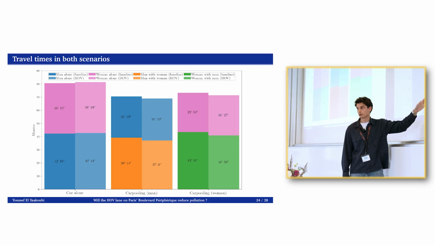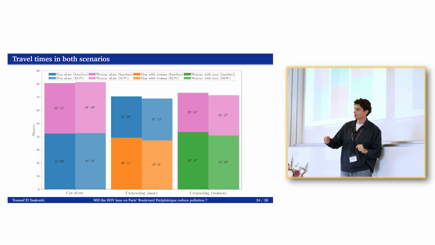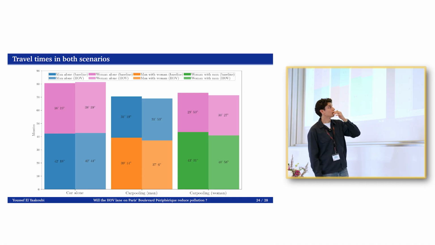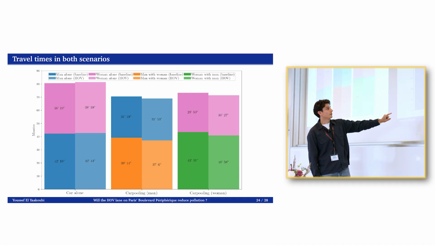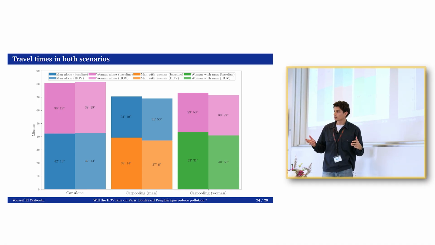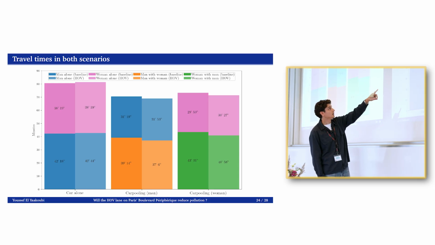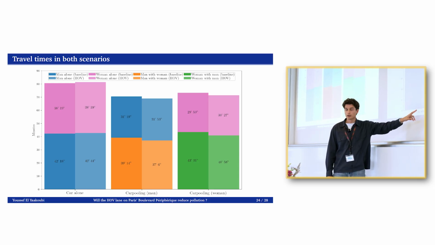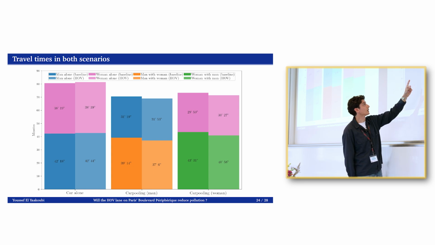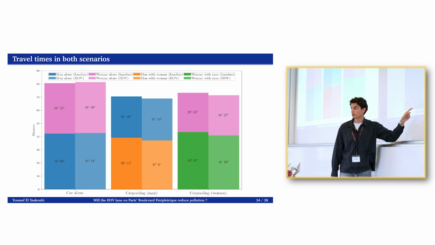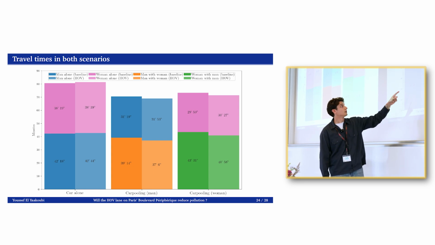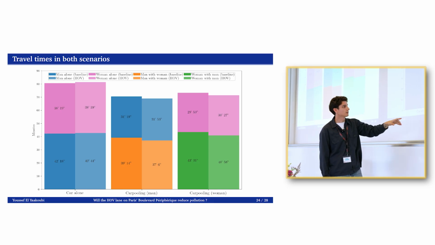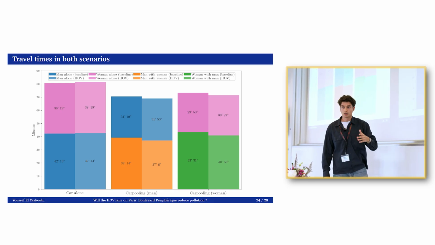At the right, you have the HOV scenario, so when the policy is implemented. We can see that the model takes into account the congestion, because the travel time is slightly increasing in the HOV scenario when both are taking the car alone. This is the mean travel time.